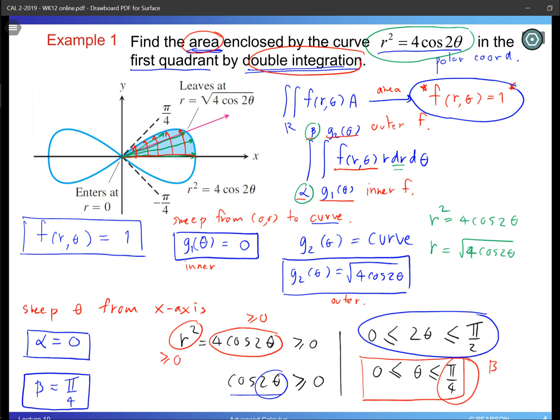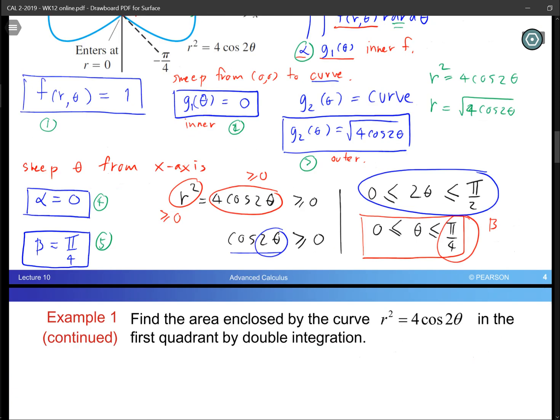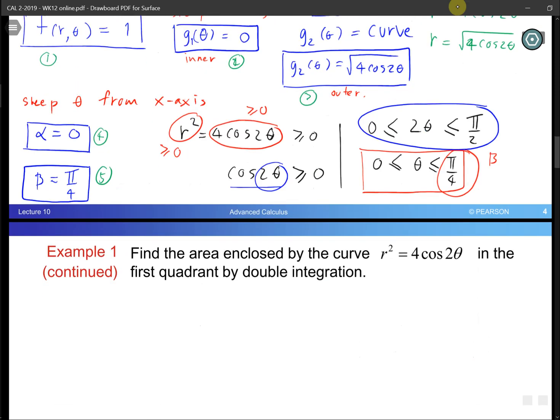So we have all these terms. Function, done. Inner function, done. Outer function, done. And the range for the angle, the starting point and the end point, done. Now we can do the integration. We have this double integration. The function that we are working on is 1 because this is about the area, so we have r dr d theta.